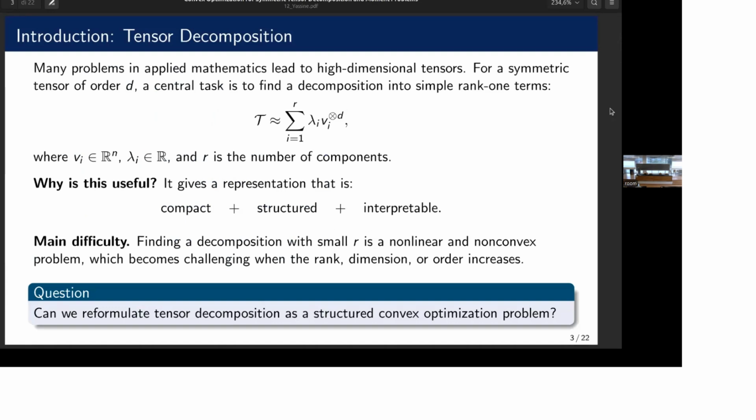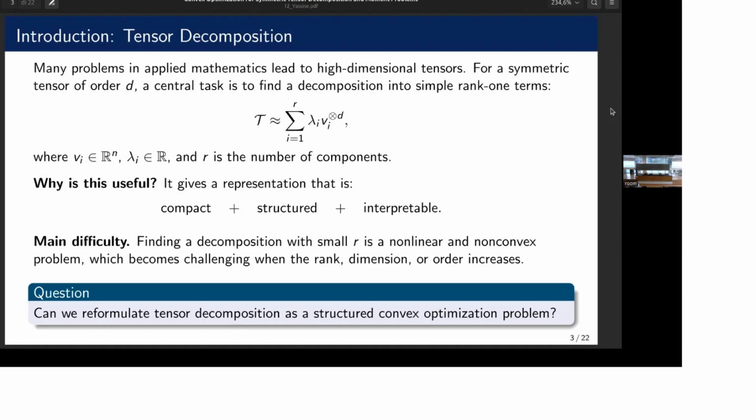There are many problems in applied mathematics that lead to high-dimensional tensors. For this talk, we are going to focus only on symmetric tensors. One of the central tasks for tensor decomposition is to write this tensor as simple terms of rank ones, such as writing our tensor as the sum of lambda_i times v_i to the power of d, where r is the rank of the tensor.